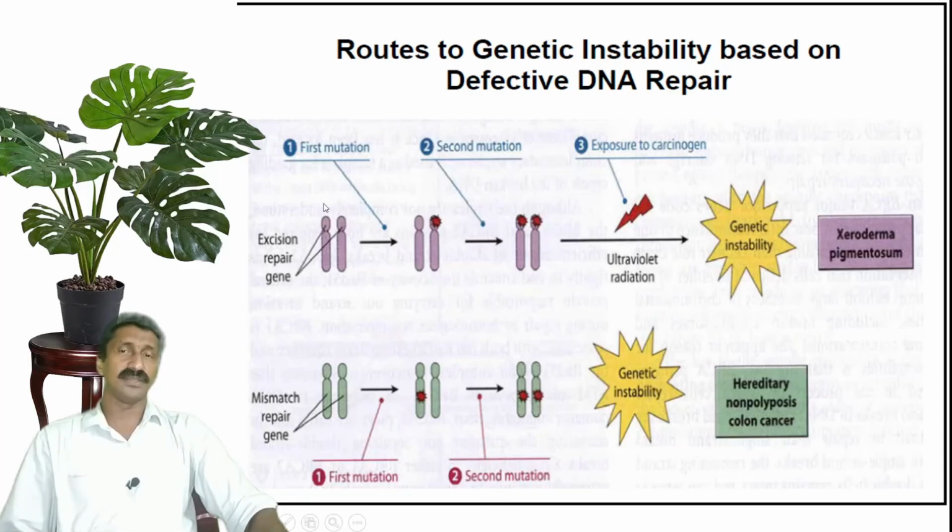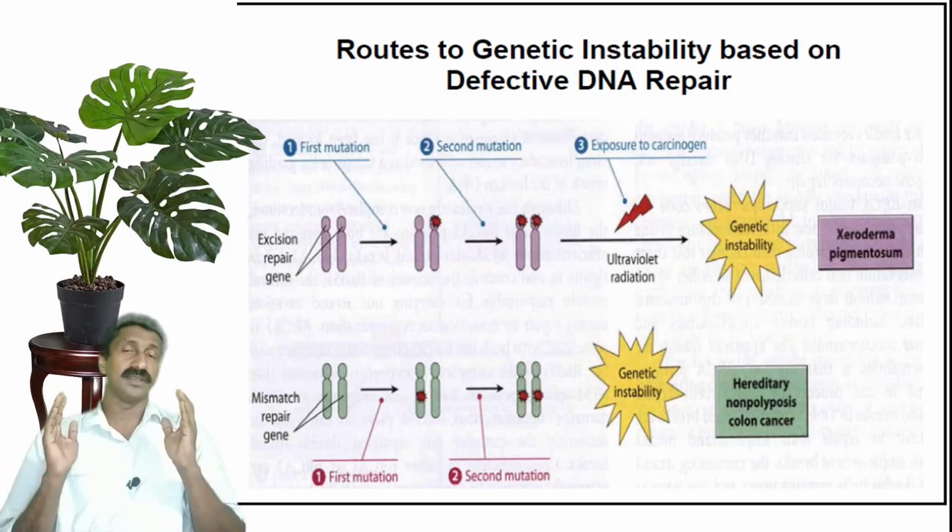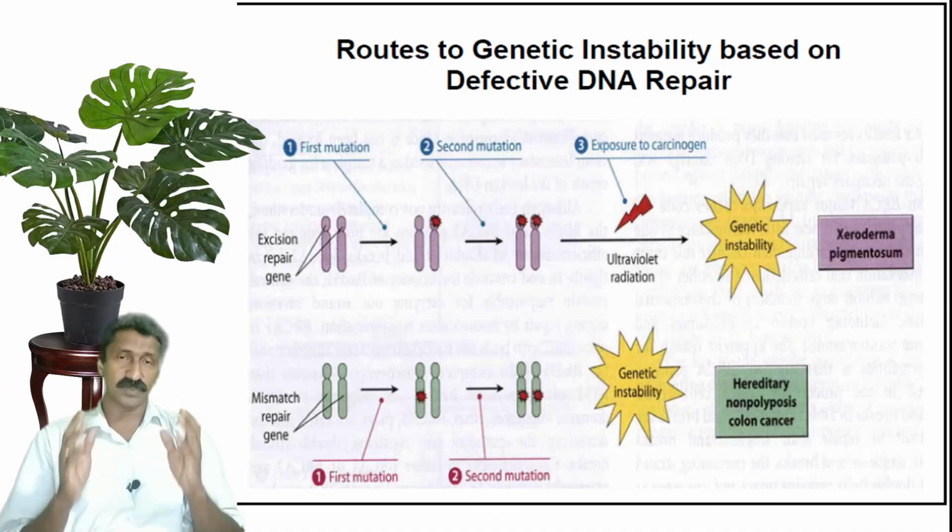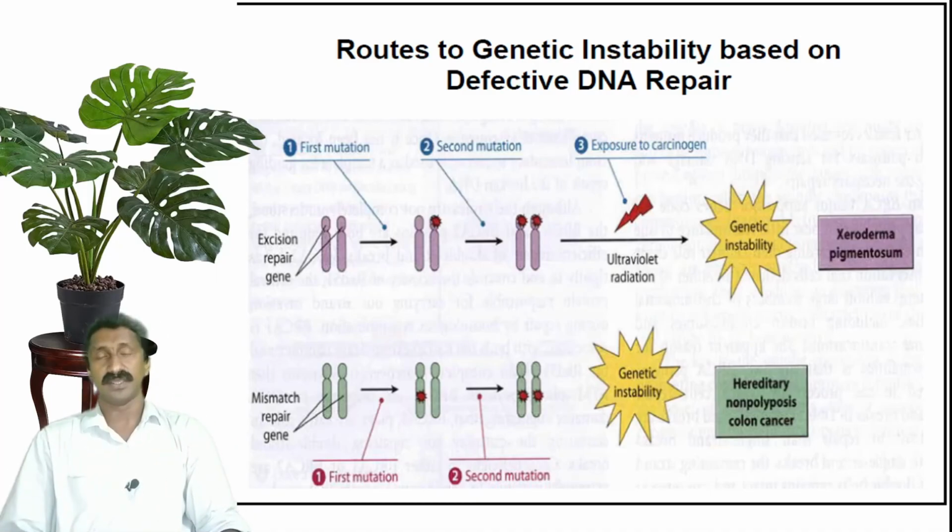Usually the DNA repair mechanism, the excision repair mechanism or the mismatch repair mechanism, those genes are supposed to function in the cell so that the corresponding type of repair machinery is always available in the cell.